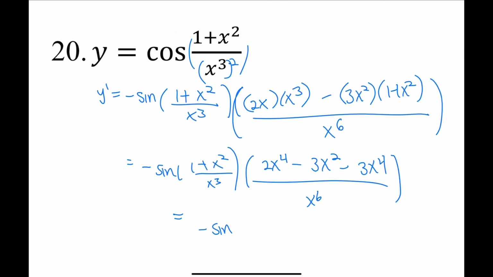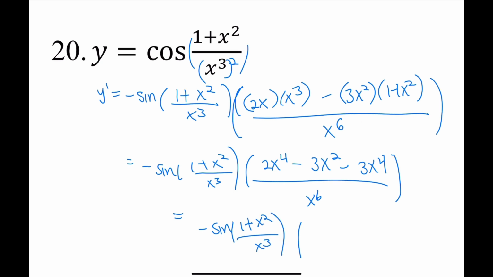negative sine 1 plus x squared over x to the 3rd, and then negative x to the 4th power minus 3x to the 2nd power times x to the 6th.